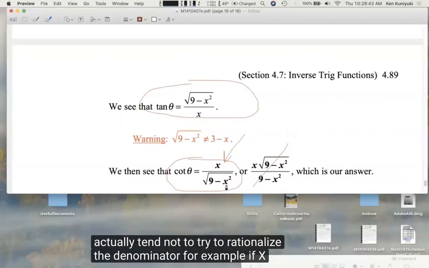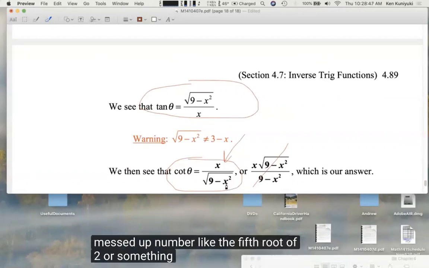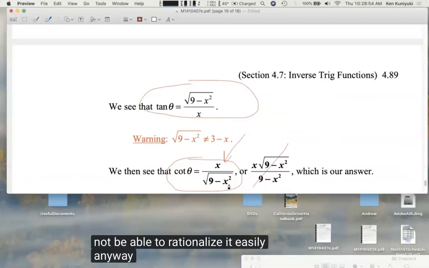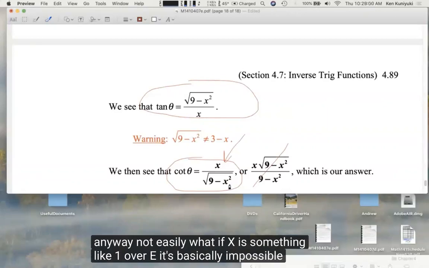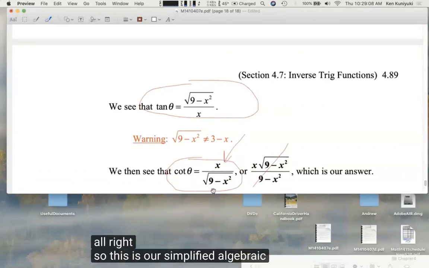For example, if x is a messed up number, like the 5th root of 2 or something like that, then we would not be able to rationalize it easily anyway. Not easily. What if x is something like 1 over e? It's basically impossible. All right, so this is our simplified algebraic expression.